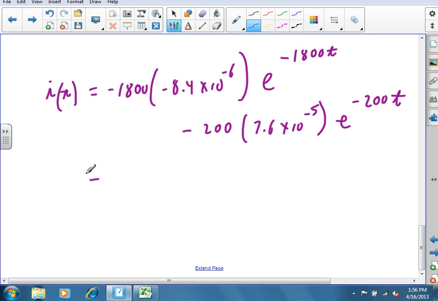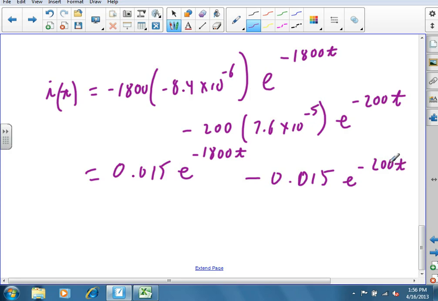So I've got 0.015 e to the minus 1800 t minus 200 times 7.6 e minus 5, which is 0.015 e to the minus 200 t.